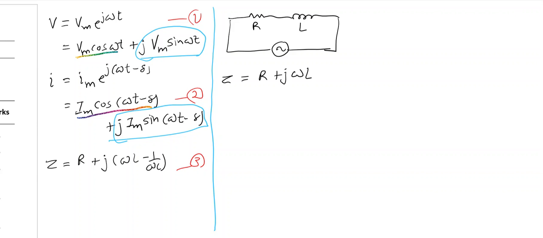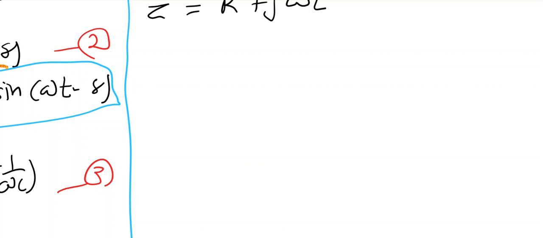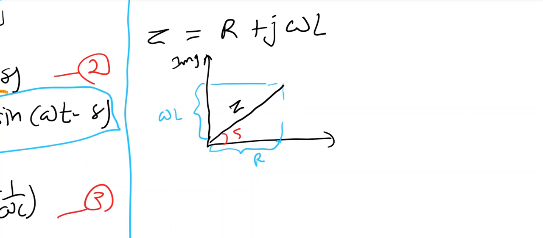How do you represent it on the complex plane? We can take the real part on the real axis and the imaginary part on the vertical, imaginary axis. So the real part is the resistor, R, and this is omega L, and this becomes our impedance, and here is the phase.